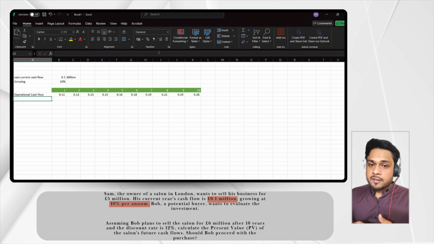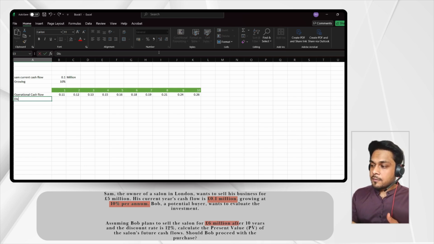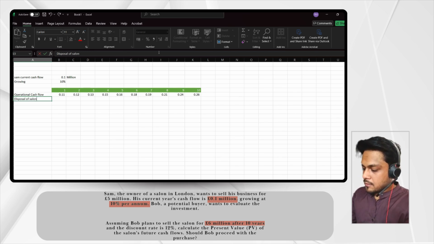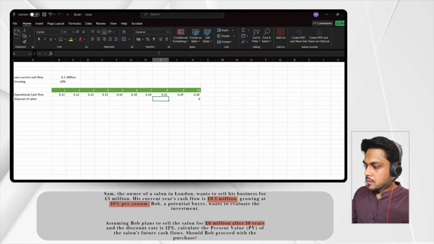Bob has decided that he will dispose of his salon after year 10 for the value of £6 million. Disposal of salon, that will be after year 10, 6 million.